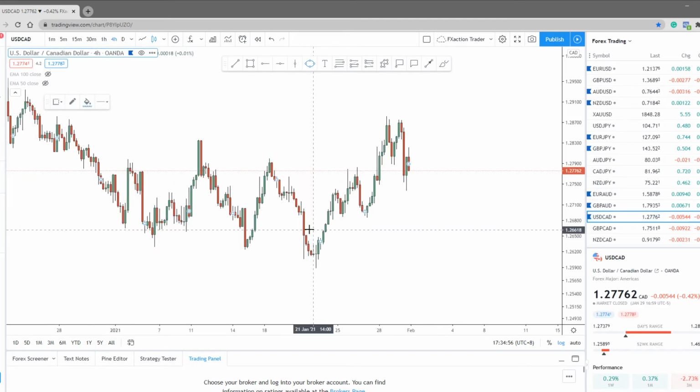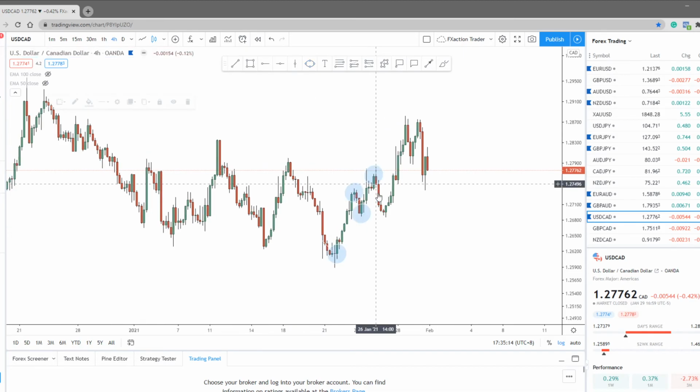All right, if we just put everything together, when you are able to identify the high and low, you can identify the trend of every market easily.